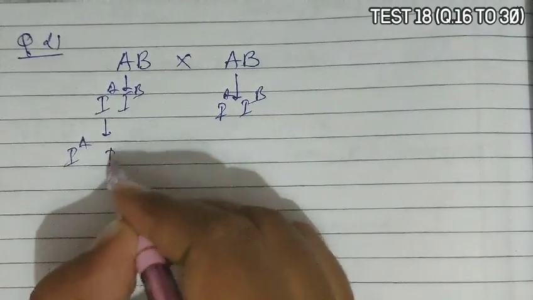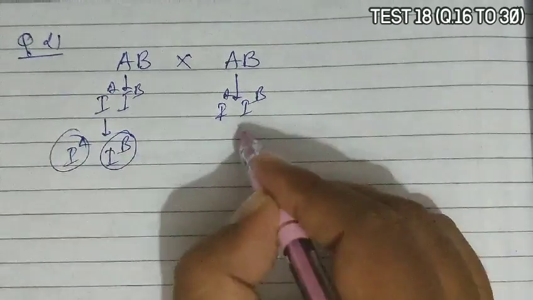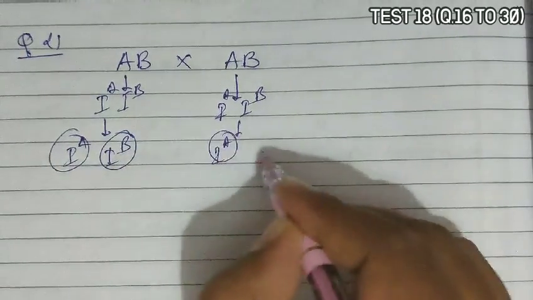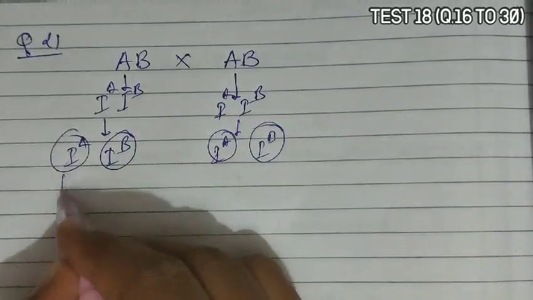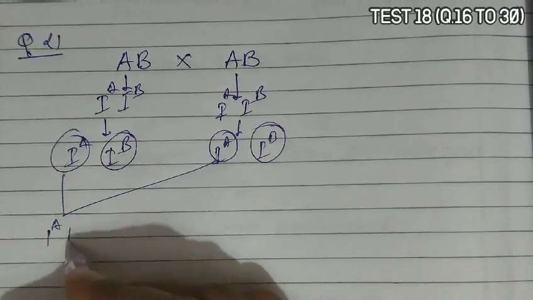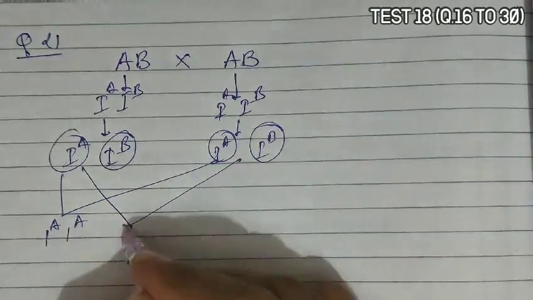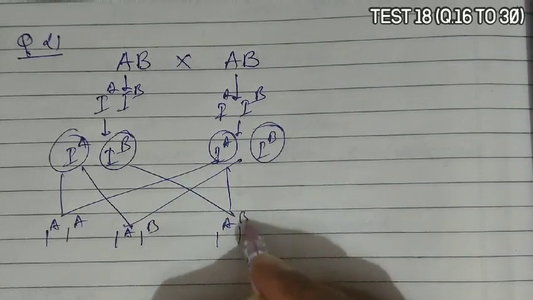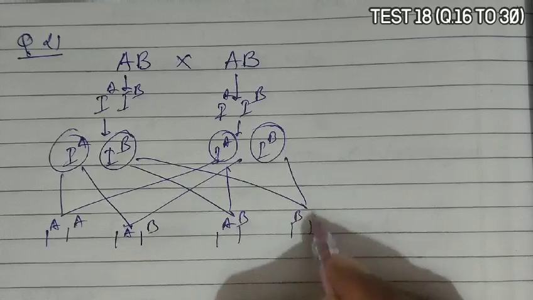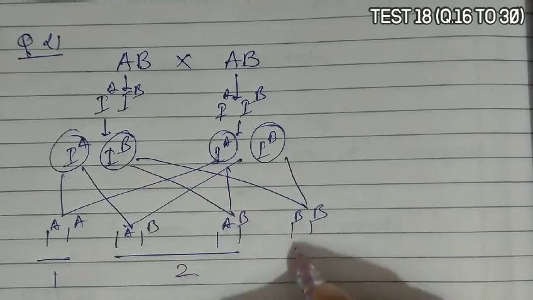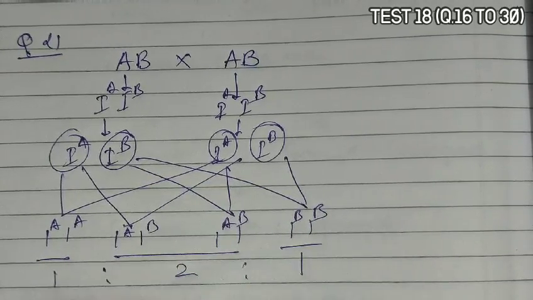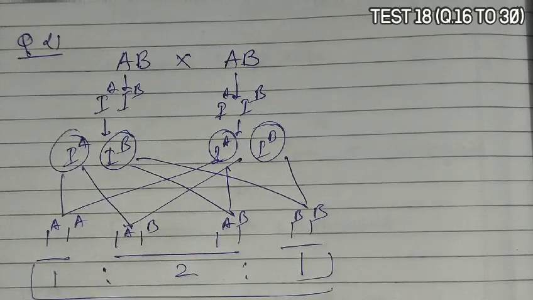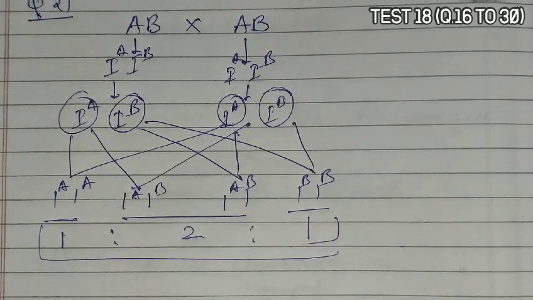Now this can produce IA gamete and IB gamete, and this also produces IA and IB gamete. If fusion occurs, then IA IA, IA IB, IA IB and IB IB are obtained. So this is 1, these are 2 and this is 1. So the 1:2:1 ratio is established, which is correct.